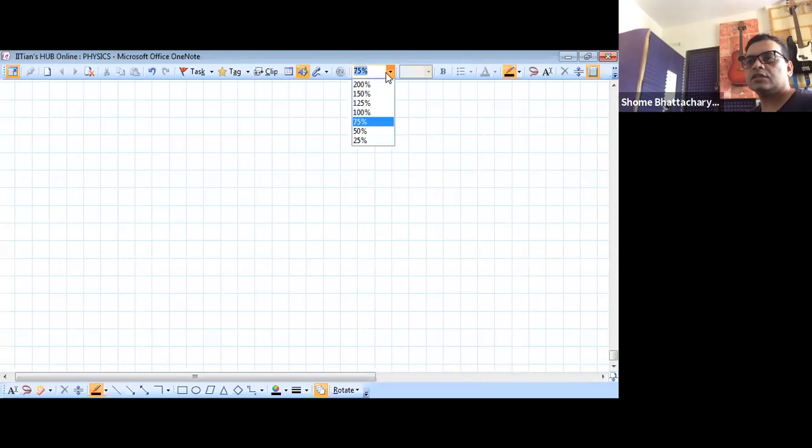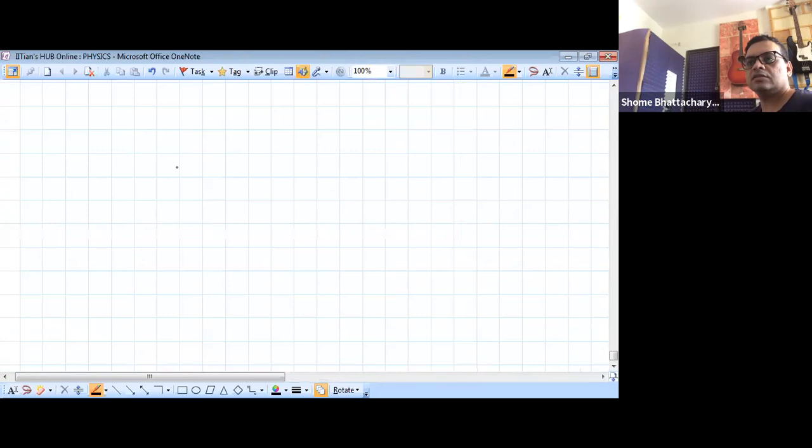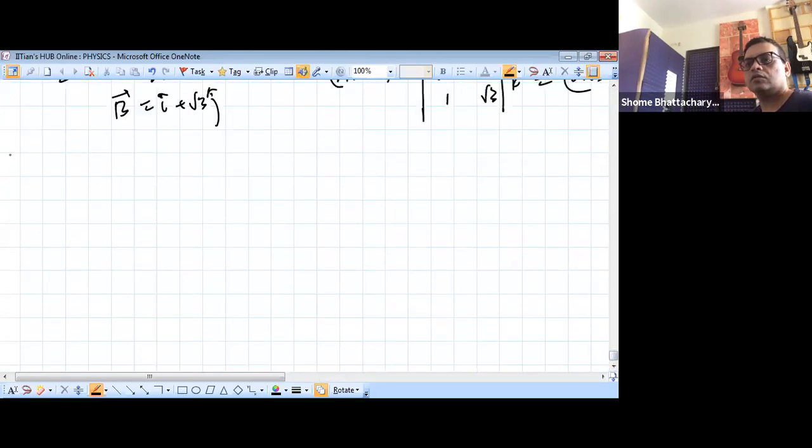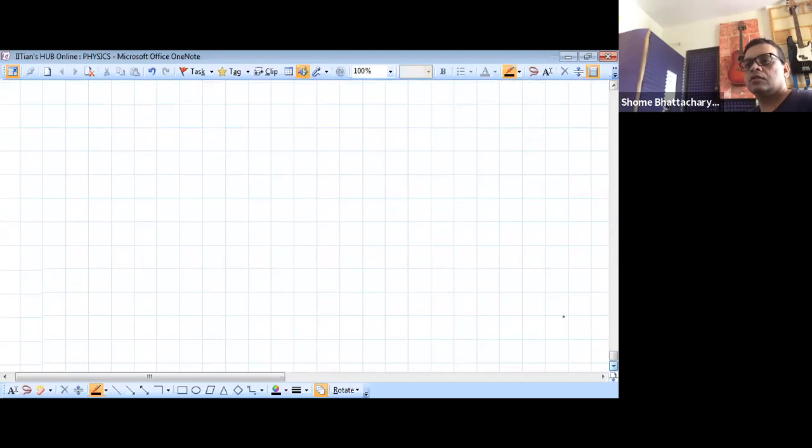Okay. Now let's come to the 3 by 3 matrices. So a 3 by 3 matrix, it is 3 rows into 3 columns.